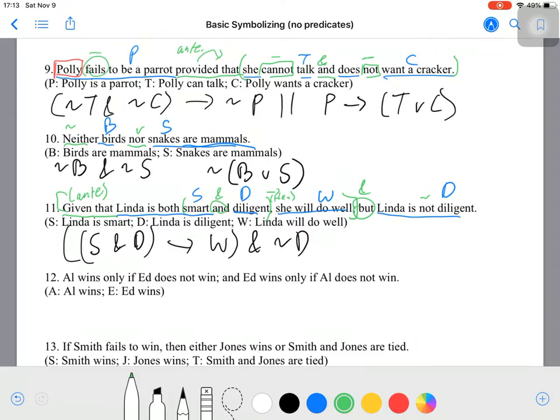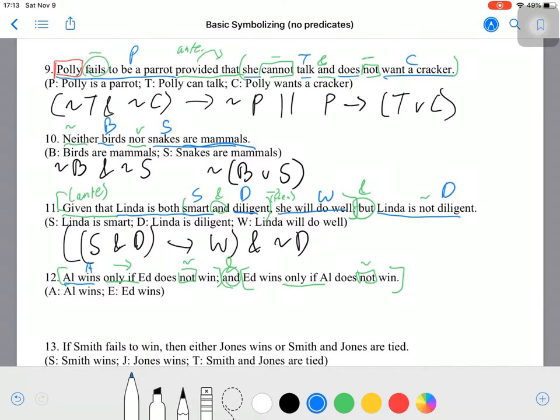For 12, Al wins only if, so we just go ahead and draw an arrow, if Ed does not win. That's going to be one sentence alone, and there's a connector. Ed wins only if Al does not win.